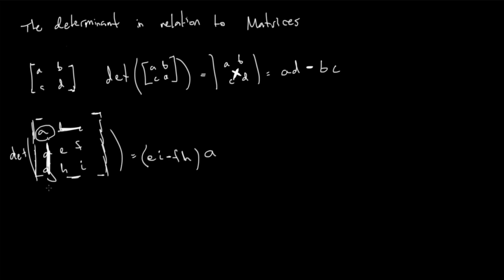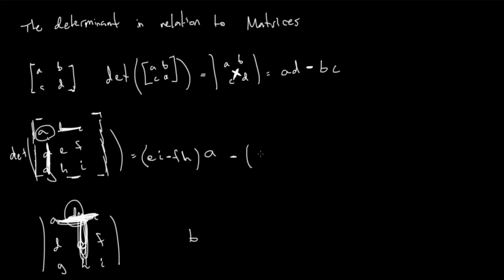Then let me go ahead and write A, B, C, D, E, F, G, H, I again. I'm going to take this second column and delete it, deleting the terms next to B, and I'm going to multiply B by the determinant DI minus FG.